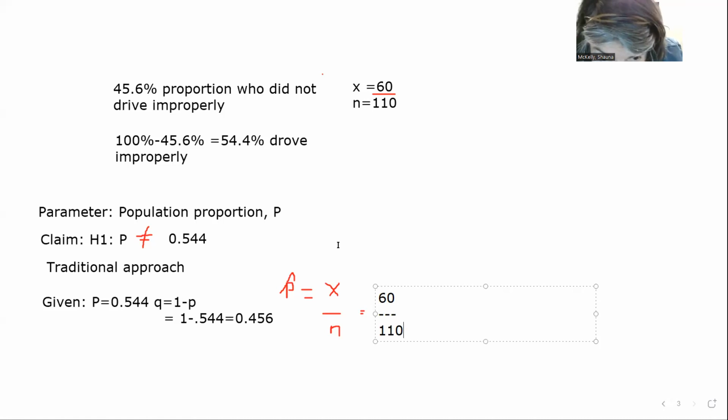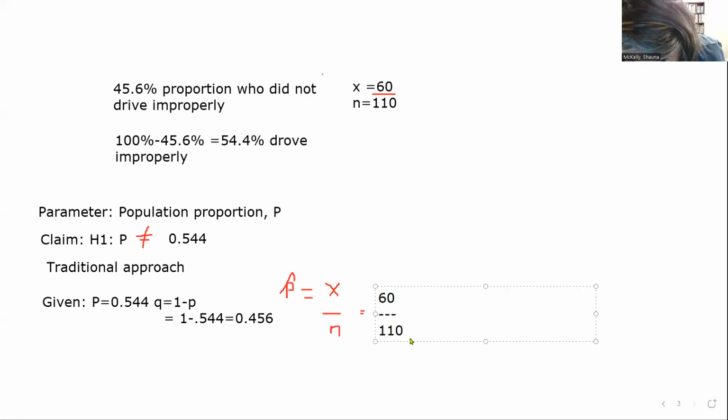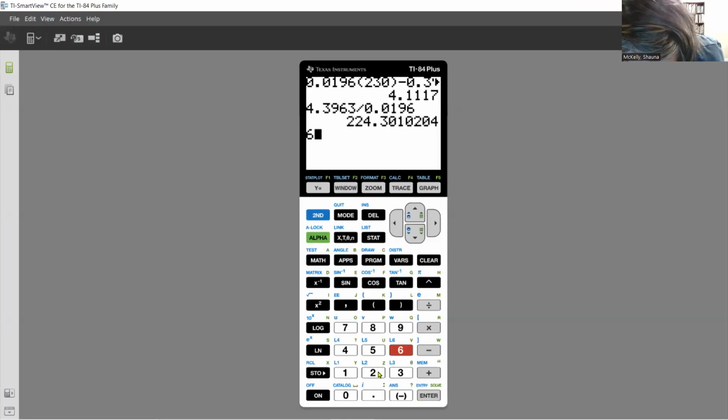If I work that out, then I'll come over here, share my handy dandy calculator. This is 60 out of 110. That's 0.5455. Okay, 5455.